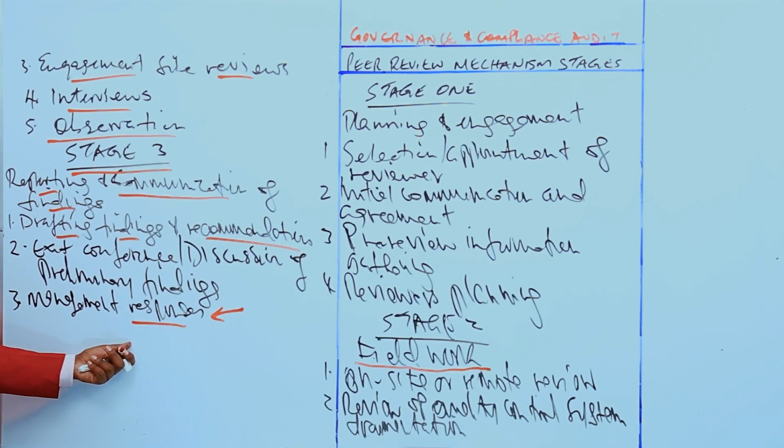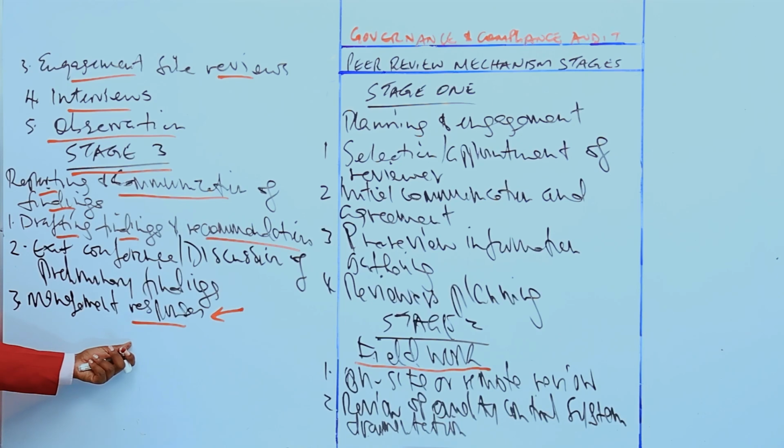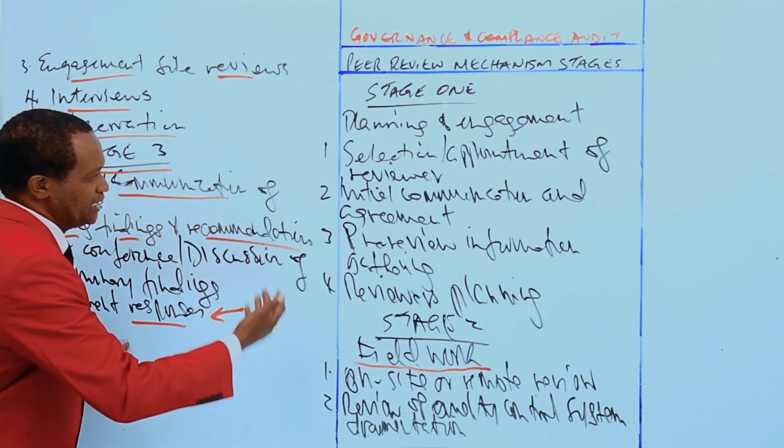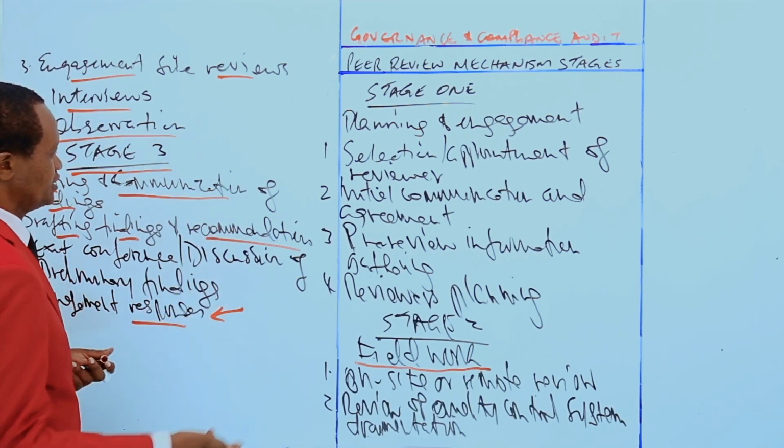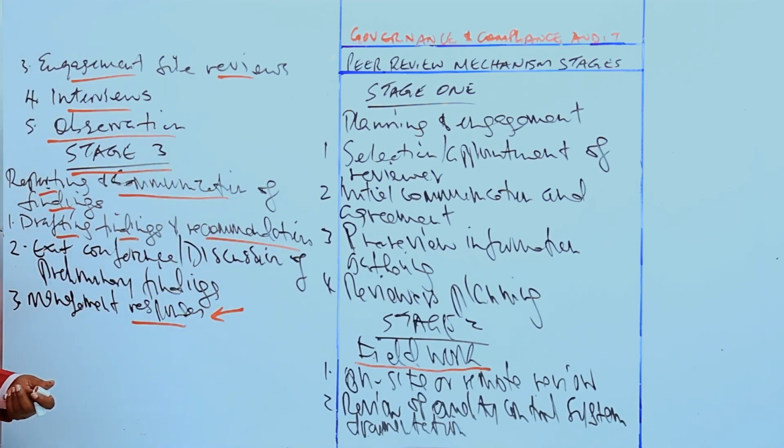The reviewed entity is typically required to provide a written response to the peer review findings, outlining agreement or disagreement, and also detailing a corrective action plan with specific steps and specific timelines for addressing any identified deficiencies by the reviewer. You understand?